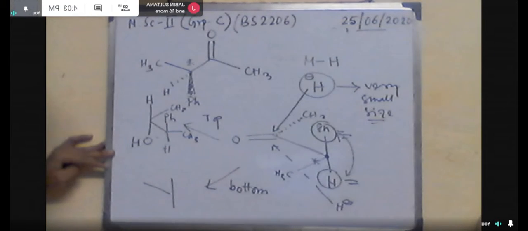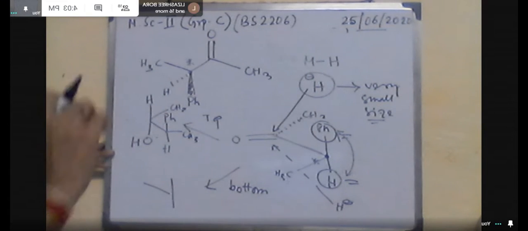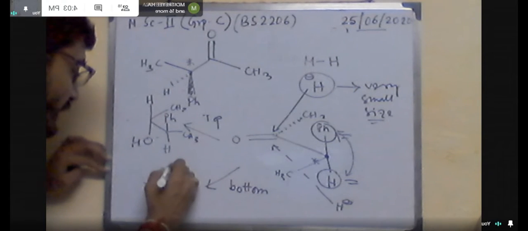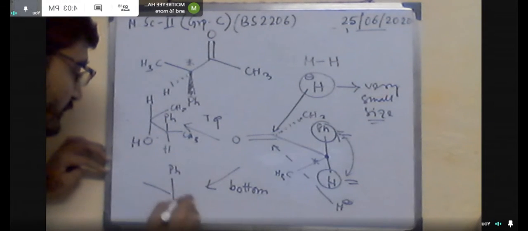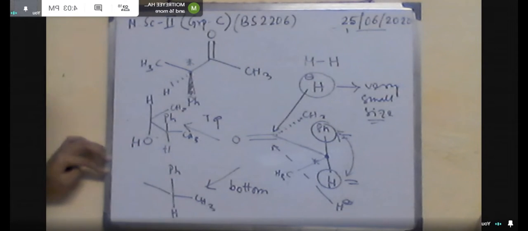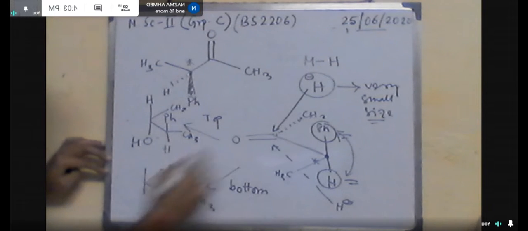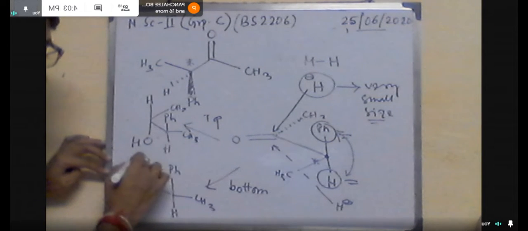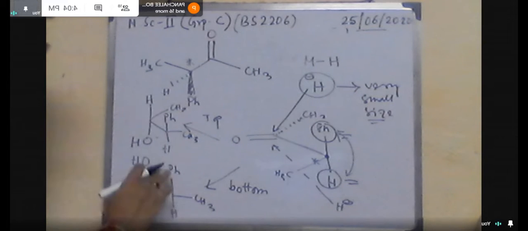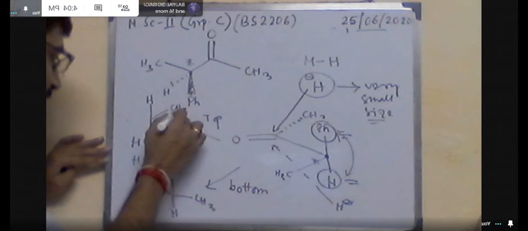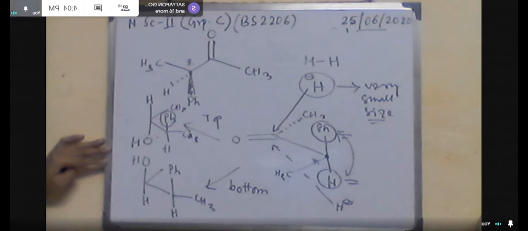But here the scenario is just opposite. In this case, there is huge steric repulsion between this phenyl ring and the OH. So in this reaction, our major product will be this one, because it minimizes the steric repulsion. So the insertion of the additional chirality induces the reaction in such a way that after completion of the reaction it will form a sterically less crowded molecule.